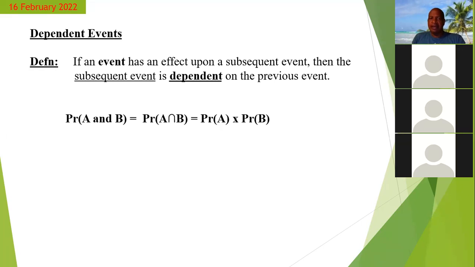So any event that follows from the previous event, the previous event will have an effect on the events that follow, right? Can anybody give us an example of two events where the first event will have an impact on the second event? Can anybody give an example?